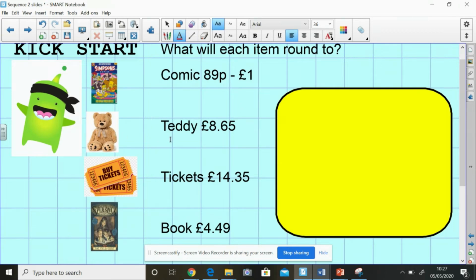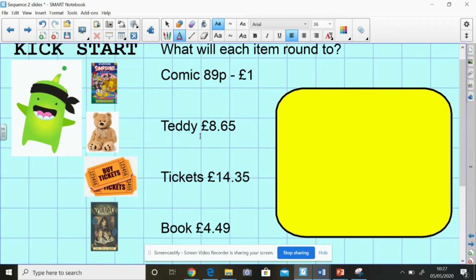The next thing we have is a teddy bear, and a teddy bear costs £8.65. On a number line, if you've drawn a number line, the two whole numbers that come on either side of £8.65 are £8 and £9. So we need to think, what number can we round it to?